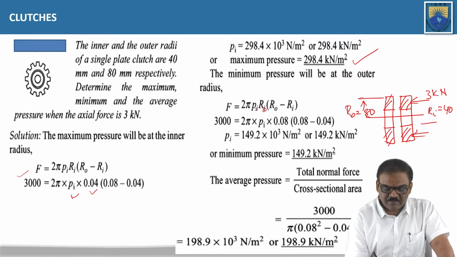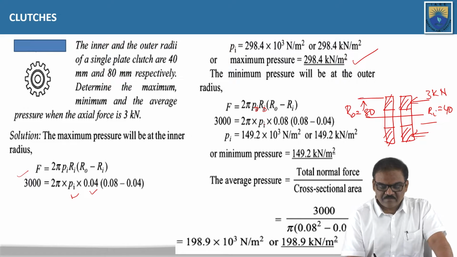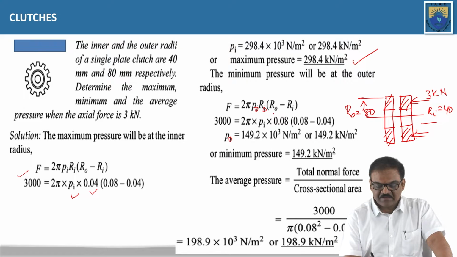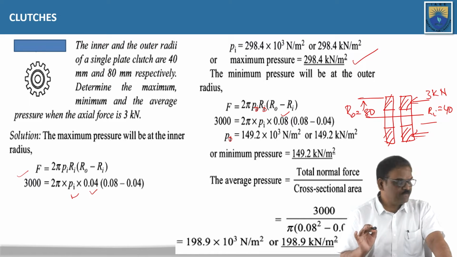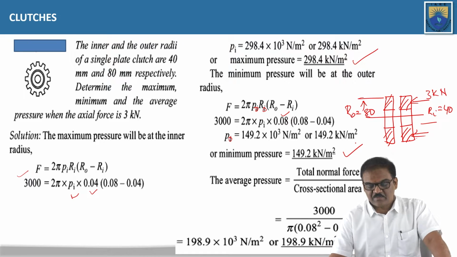This is the P outer we need, the pressure at the outer radius, where instead of 40 we give the 80 millimeters term here. Therefore, the minimum pressure is expected to be 149.2 kilonewtons per meter square.